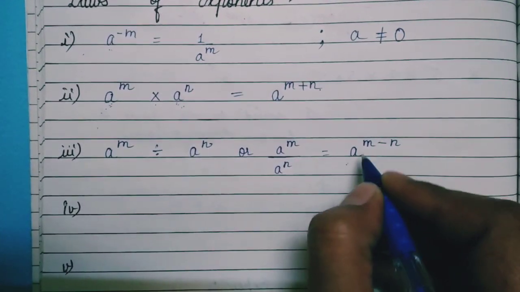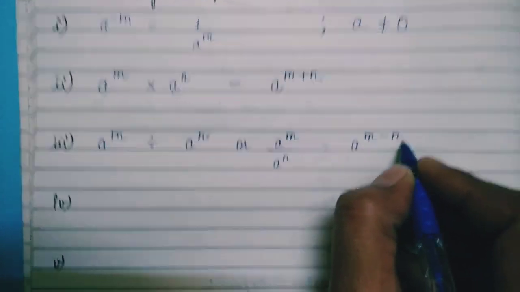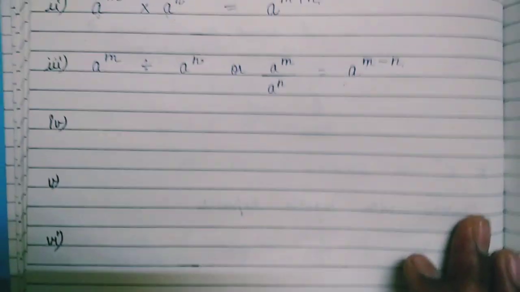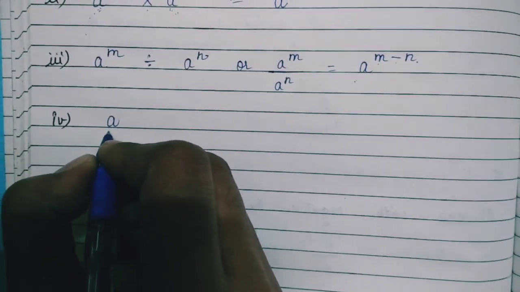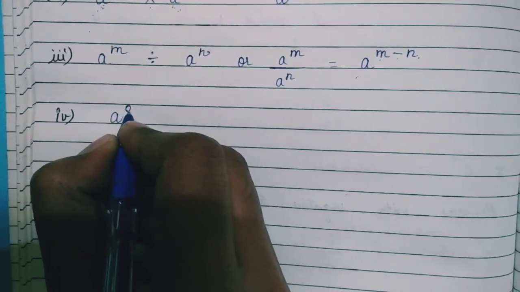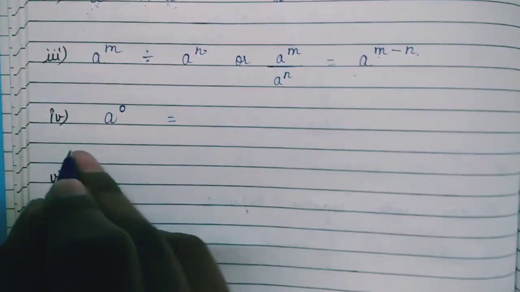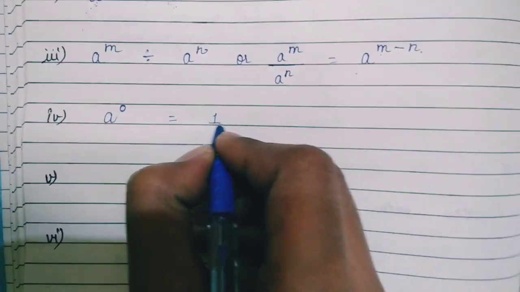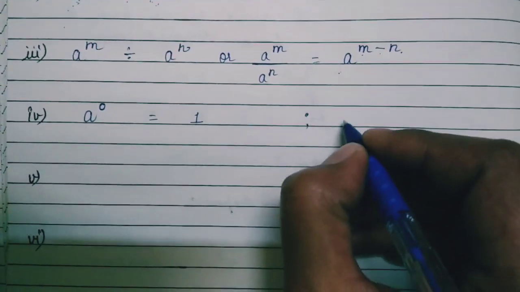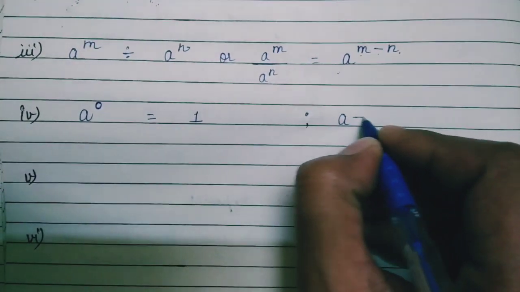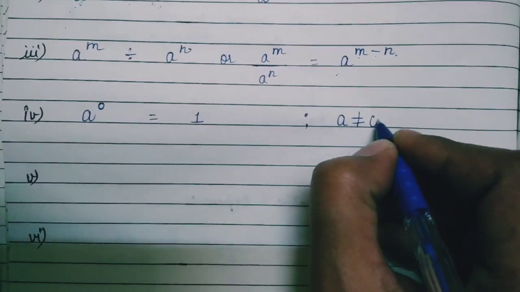So a raised to the power m minus n. Now the fourth is when in any condition we will get any base power as 0, on that time simply the answer will be 1. But the same condition that we saw in the first law, which is our base will never be considered as 0.